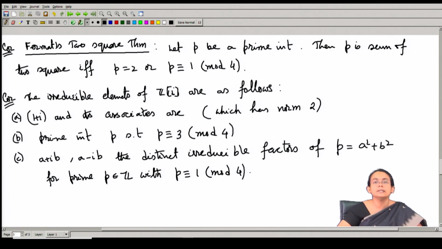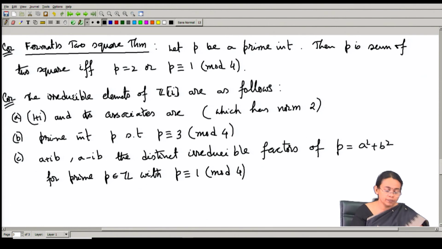We have already seen that if p is congruent to 1 mod 4, in that case p can be written as pi times pi bar, where pi is a Gaussian prime. Therefore, its irreducible factor is again a Gaussian prime. So, that is how we have identified all the Gaussian primes in the ring of Gaussian integers.